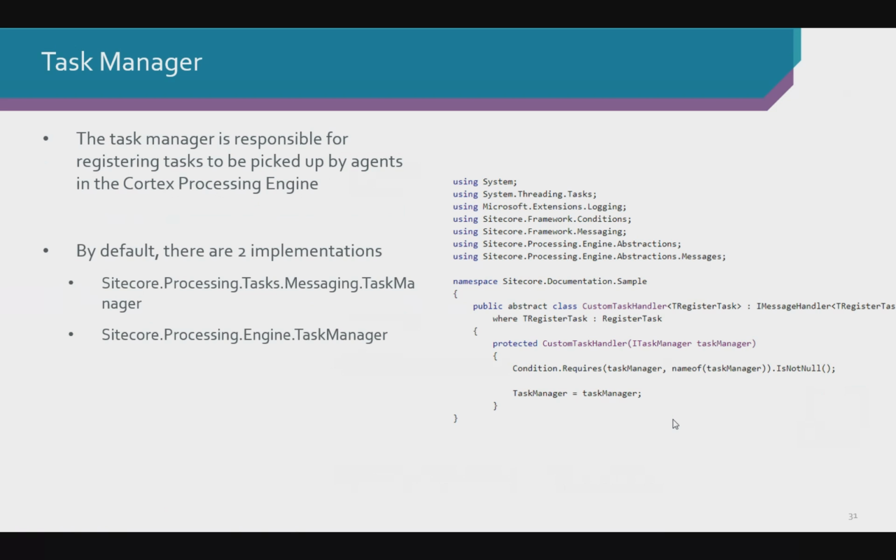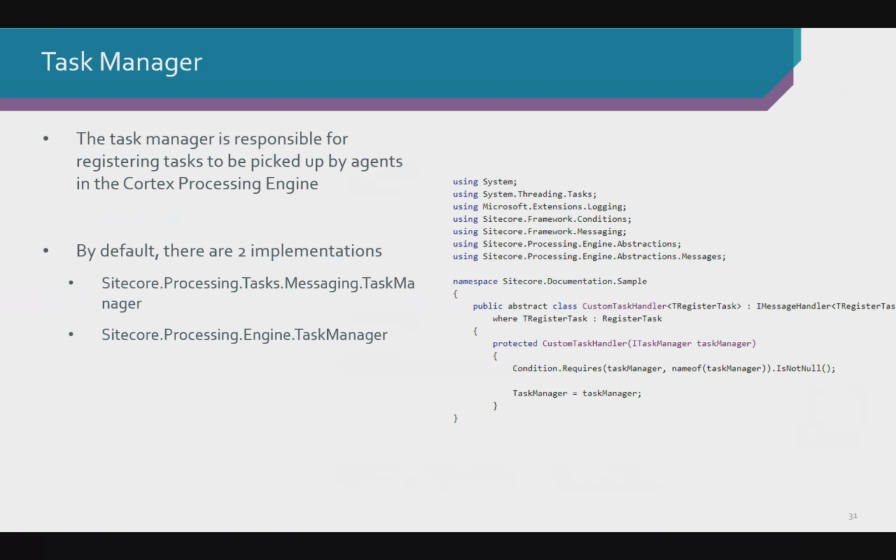And on the right-hand side, what you see is the sample code of injecting an instance of the task manager. So that's how you can inject and register a task.